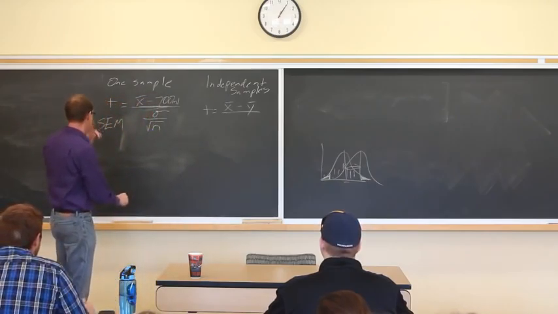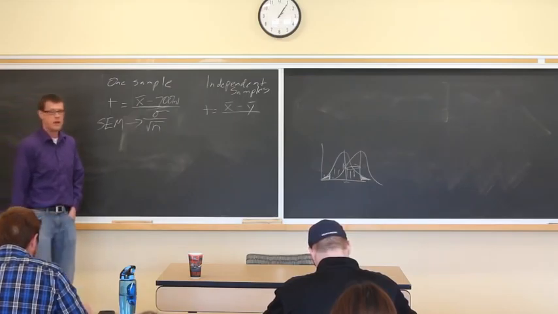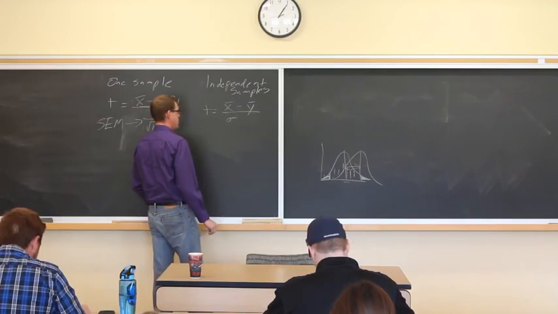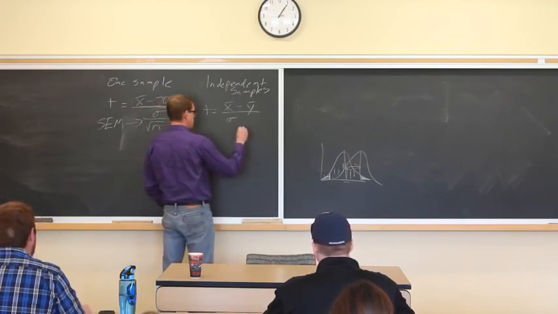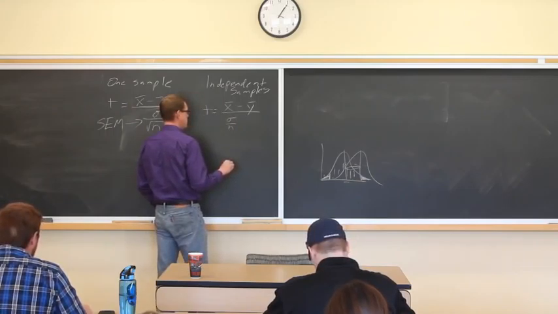So what's in the denominator? The standard deviation of the first over n, which would be in a square root.